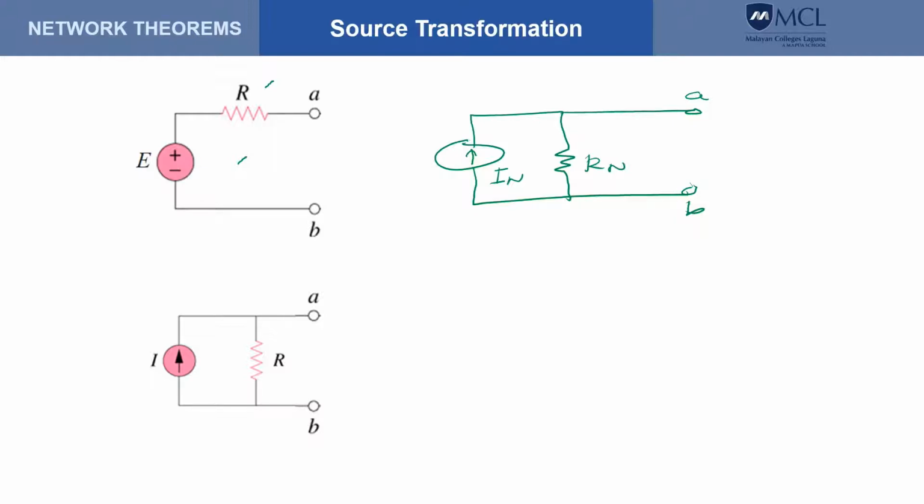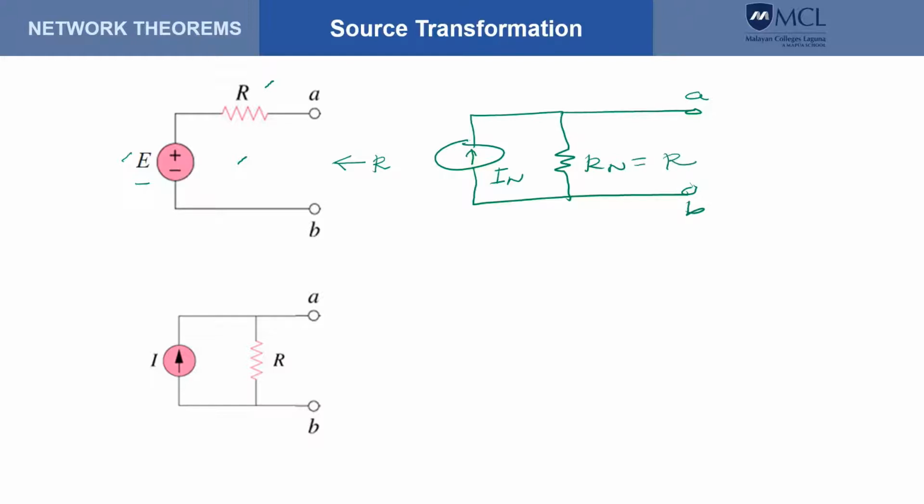To get R sub n, we look into the open terminals and get the open circuit resistance. Since we only see an independent source, we can use case 1 to determine that resistance. The rule is to disable the source. Since it is a voltage source, we short out the terminals. So what we get there is a resistance that is actually equal to R. So R sub n is equal to R.